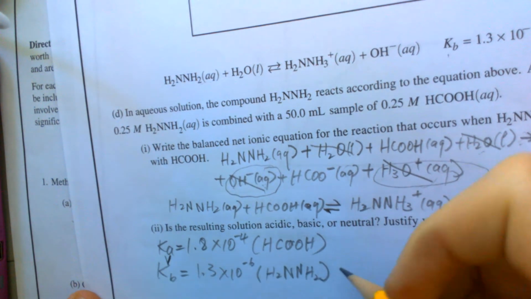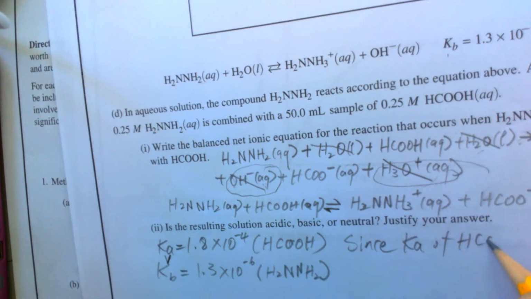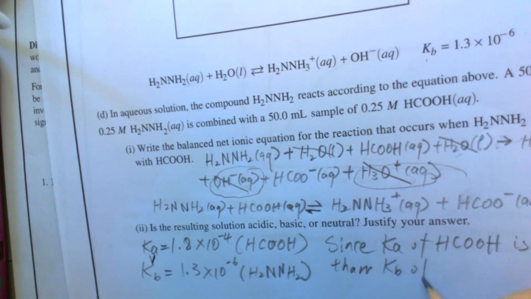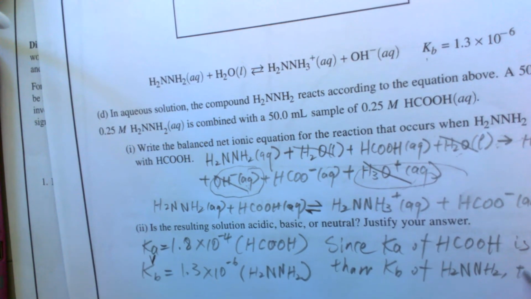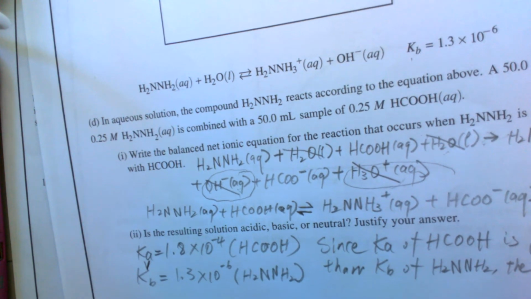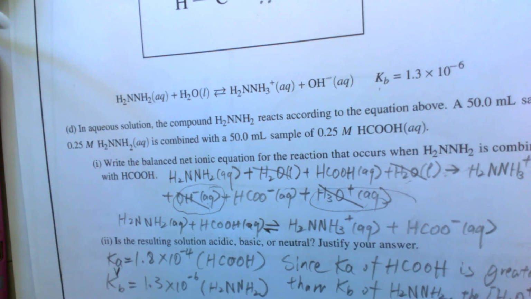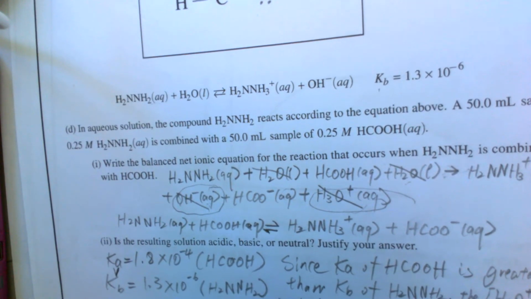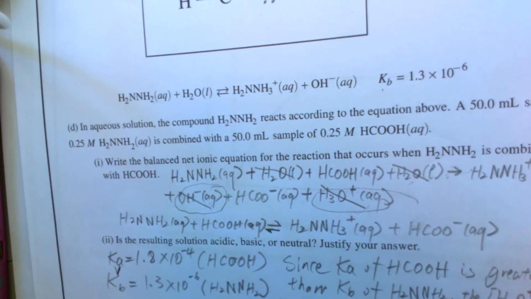What that means? That means since Ka of HCOOH is greater than Kb of H2NNH2, the H3O plus ion concentration produced is higher than the concentration of OH minus from H2NNH2.